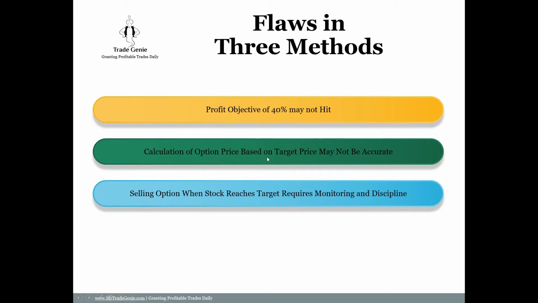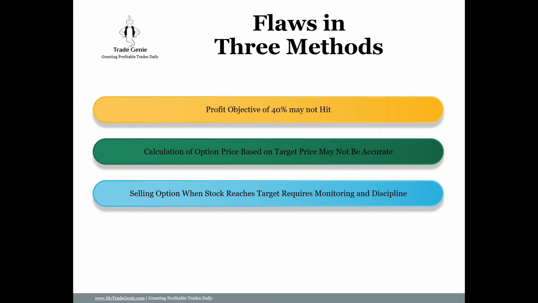Now, the calculation of option price based on target price may not be accurate. I used to do that in my early days. I didn't know how to set this conditional order, so I created an Excel worksheet with the delta, worked out the target option price, and put in the sell order.